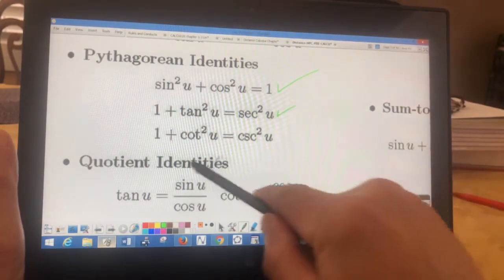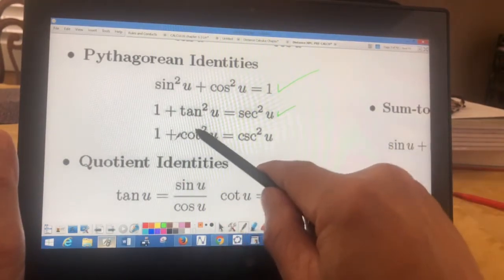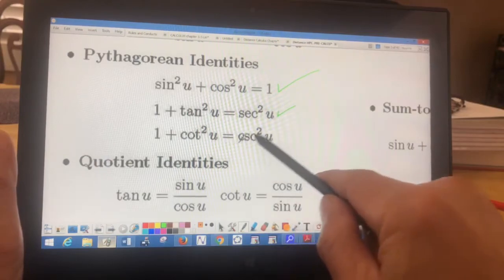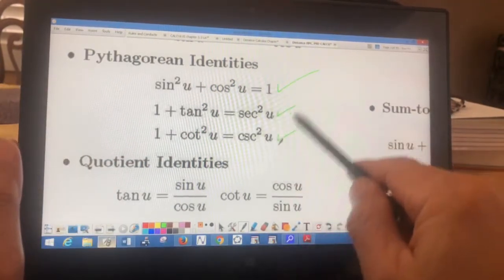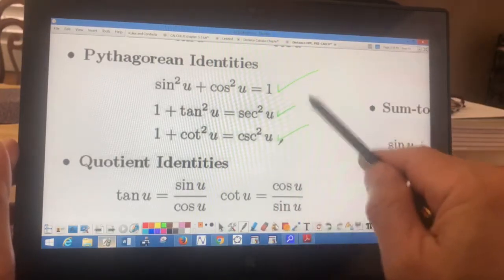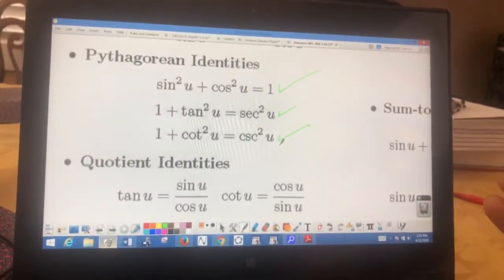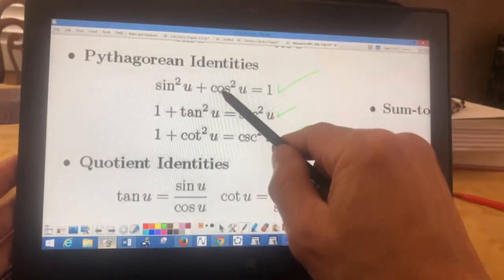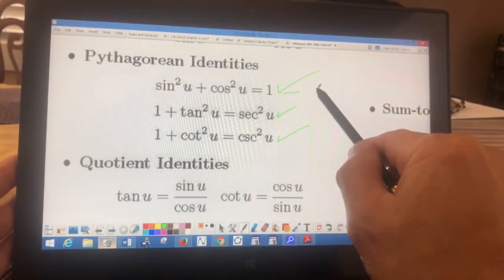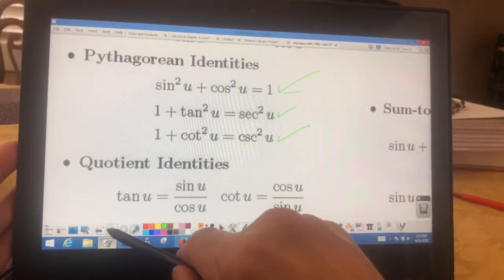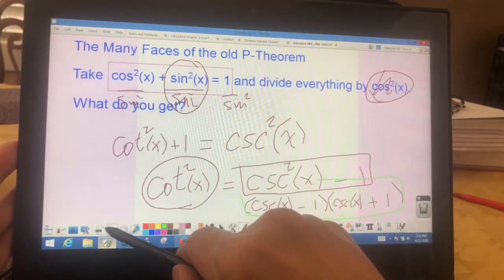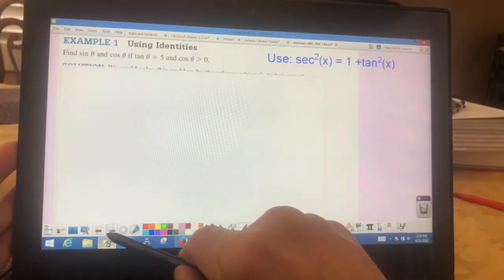That's your second form. 1 plus cotangent square equals cosecant square is your third form. Now all of these, you can manipulate them, you can change them around, factor them if there's a minus in between them. Namely, if you subtract cosine, then you can factor them out into 2 parts. Okay, all right, so let's move on to the bigger things.